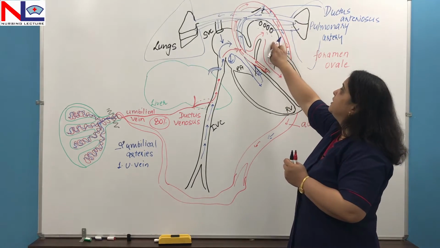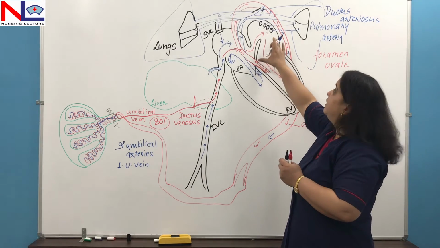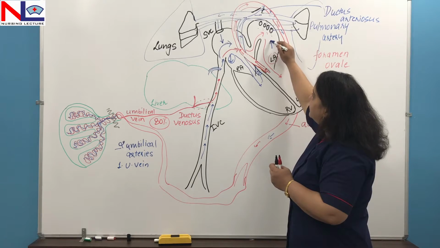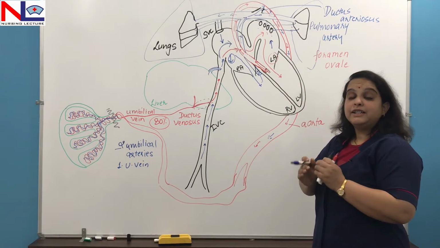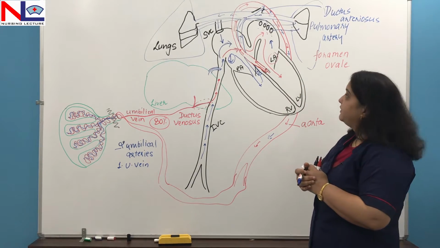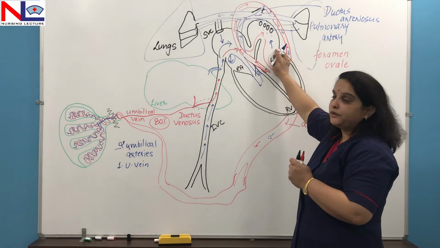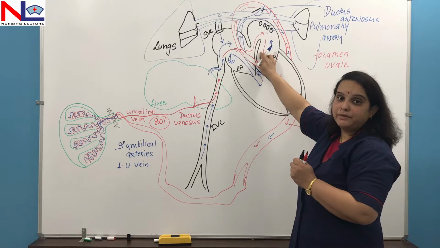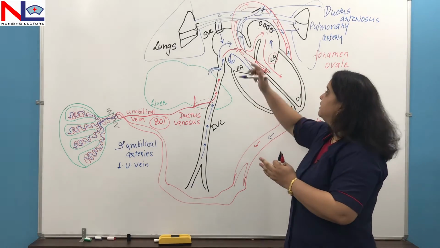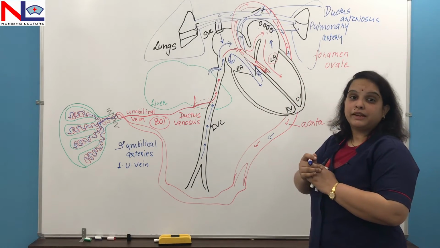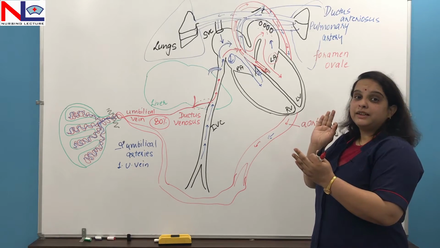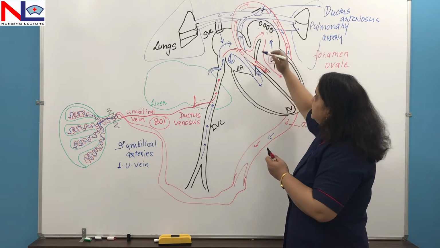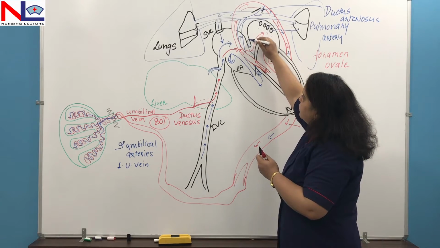This large amount of blood which comes into the left atrium creates high pressure in the left atrium, and because of this high pressure, the septum primum is forced against the septum secundum. This creates a force against the septum secundum, and now it closes down.